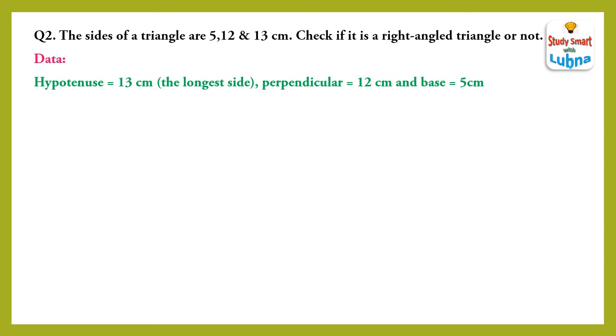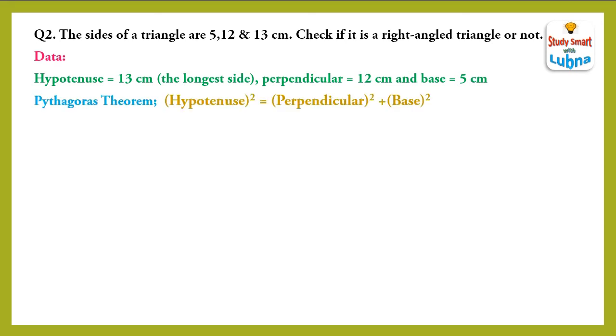Perpendicular equals 12 centimeter and base equals 5 centimeter. According to the Pythagoras theorem, hypotenuse square equals perpendicular square plus base square. By putting the values in the theorem, we can see that hypotenuse is 13 square, perpendicular is 12 square and base is 5 square.